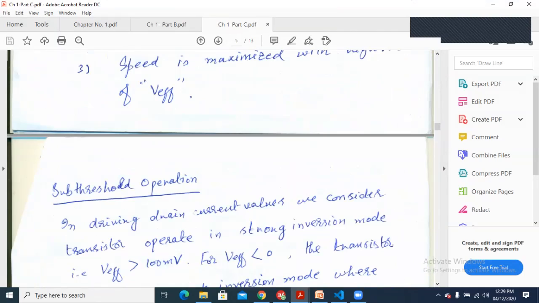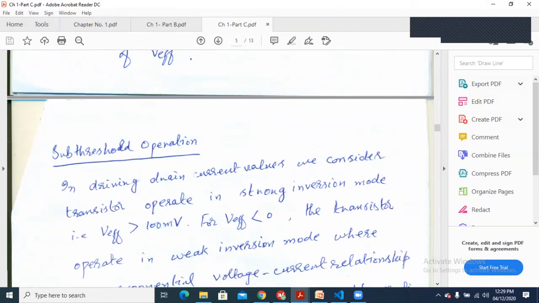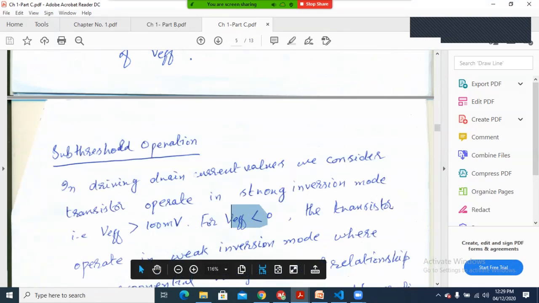Now there is sub-threshold operation. So in fact, we have the weak inversion of the transistor when the value of Vov is less than 0.